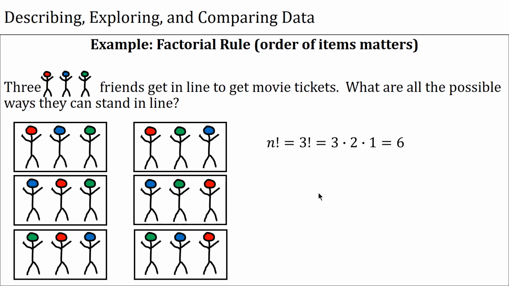Factorials will be used whenever we look at permutations and combinations. So it's important that you understand how to use factorials. If your calculator does not have the ability to do factorials, then you just have to multiply each one of them out. 10 times 9 times 8 times 7 and so forth.